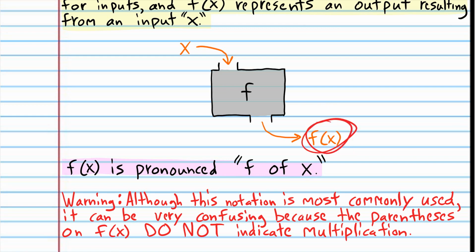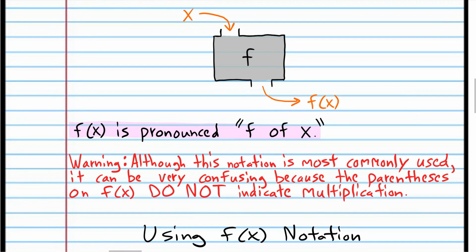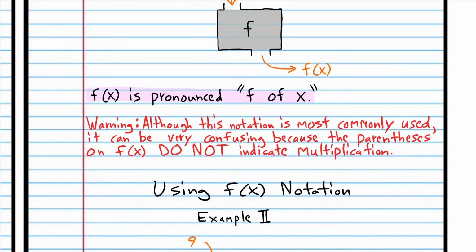So this output notation again tells us what the function is, and it tells us what the input was to give us this particular output. And that's a lot to take in all at once, and so students get kind of confused, and we pronounce this expression f of x as it says here.